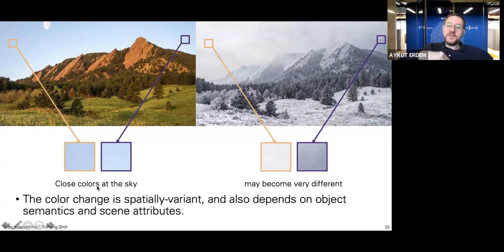However, if the task were to imagine the scene, for example, under a foggy day, and consider the image given on the right, the same positions may become very different under this new situation. So this is not a one-to-one mapping if you solely consider the pixel values.